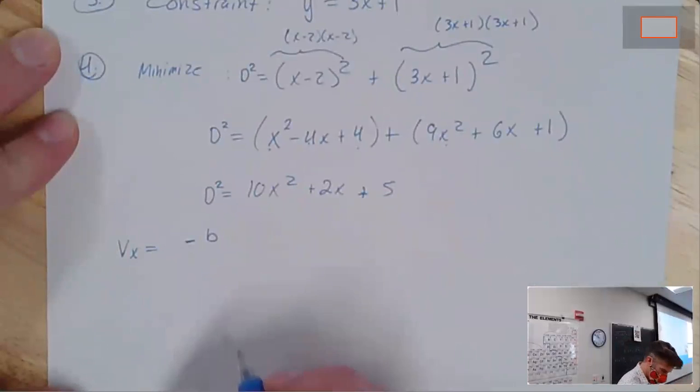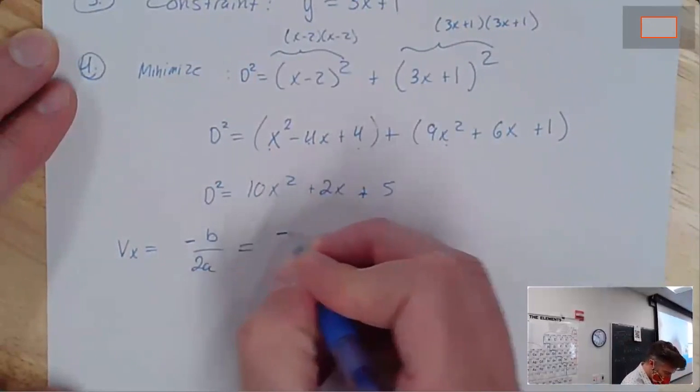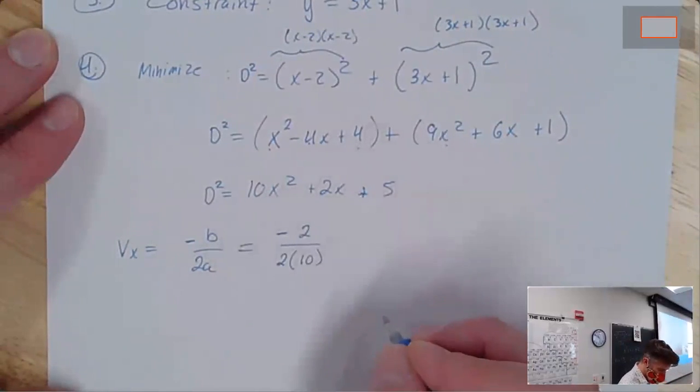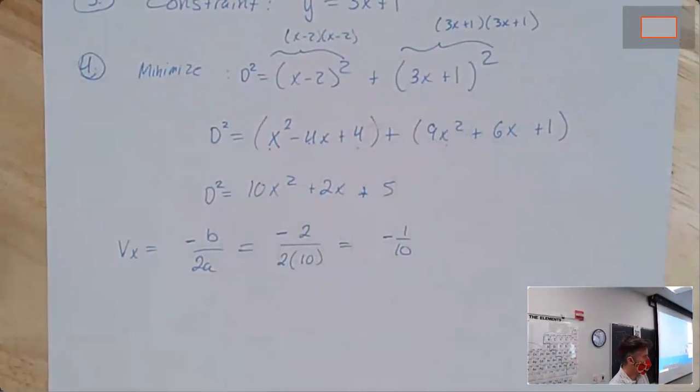Always: negative b over 2a is going to be negative 2 over 2 times 10. The 2's cancel, and we get negative 1/10. So the x coordinate of the vertex, or the x coordinate of the point that we're trying to find, is negative 1/10.